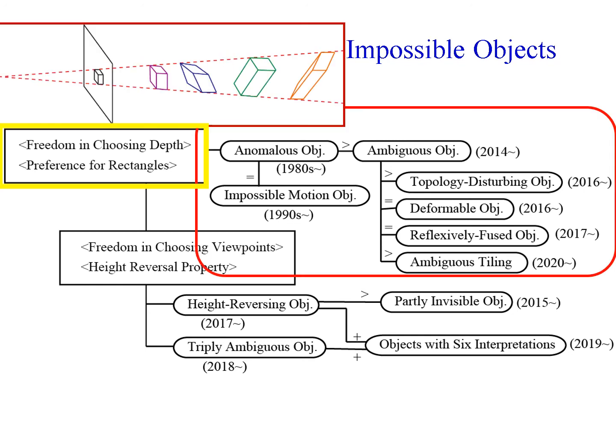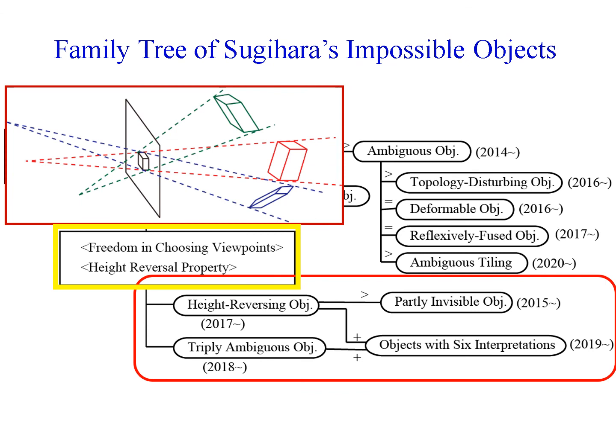The upper 7 classes of impossible objects are created using the freedom of depth in various ways. And the lower 4 classes of impossible objects are created using the freedom in the choice of the viewpoint, choosing 2 viewpoints, choosing 3 viewpoints, or choosing 6 viewpoints.